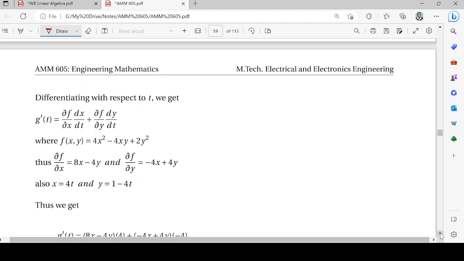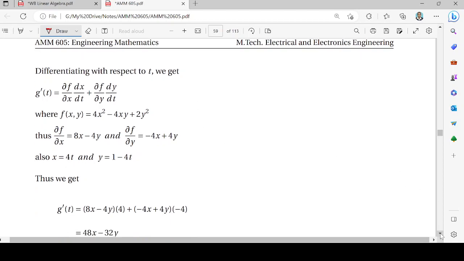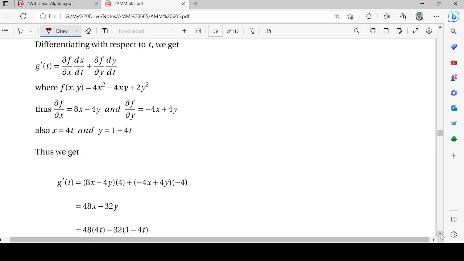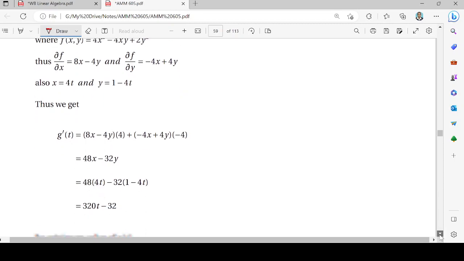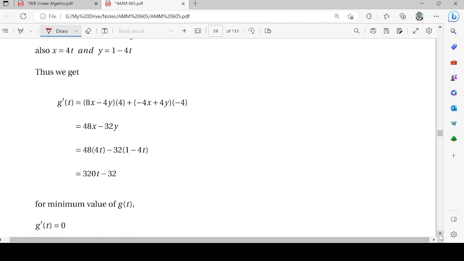The only thing that is changing is the derivative of x with respect to t and the derivative of y with respect to t, which we now have as 4 and minus 4. So when we simplify this, we get 48x minus 32y. But x is 4t and y is 1 minus 4t, so we can simplify this to get 320t minus 32.